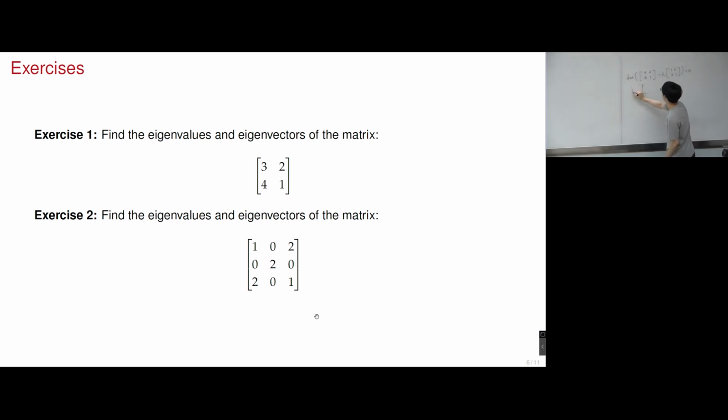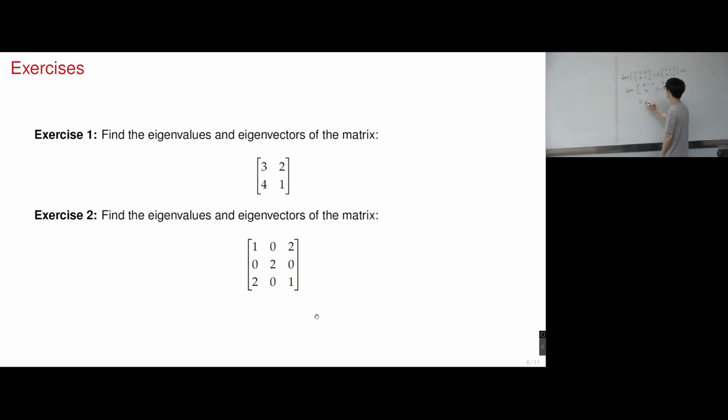So you get the determinant of 3 minus lambda, 2, 4, then 1 minus lambda. Okay, so we're solving this.